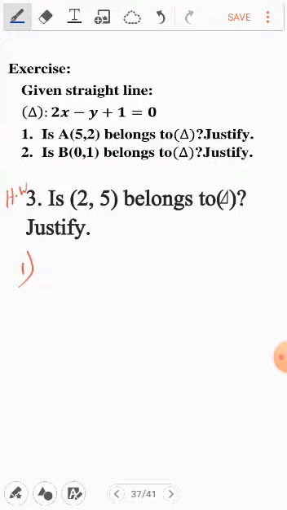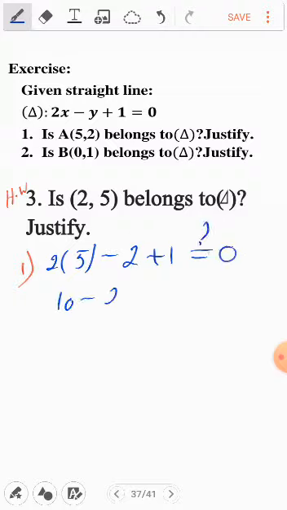You have to replace instead of x and instead of y. x is 5 and y is 2. 2 times 5 minus 2 plus 1, is it equal to 0? 10 minus 2 plus 1, is it equal to 0? So 9 is different than 0. So the point A does not belong to delta.